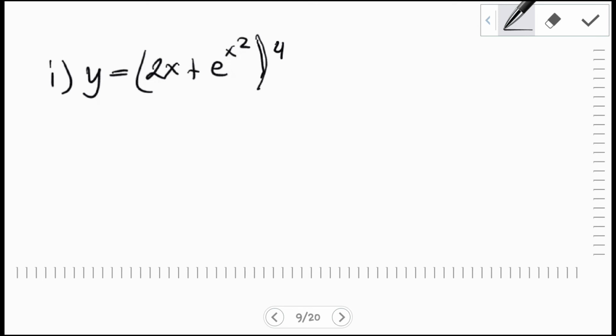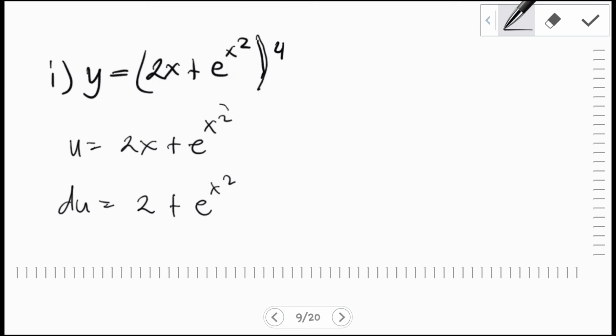So again, let u be equivalent of 2x plus e to the power x squared, and then du, that is equivalent of 2 plus e to the power x squared, derivative of x squared, that is 2x, dx.